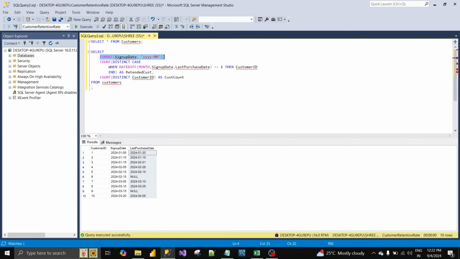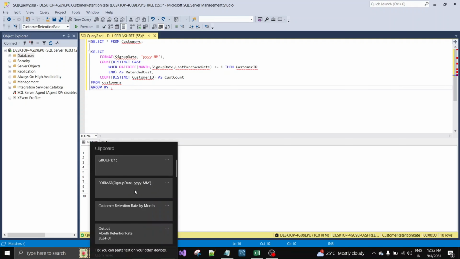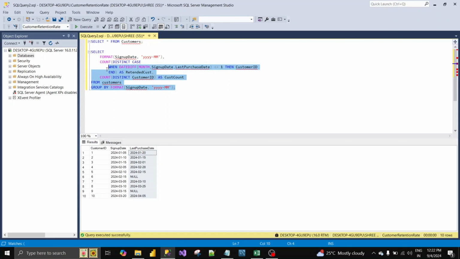So I'm just giving group by on the basis of this. So let's run the query and let's see the output. Okay, so now we have got the output. Here I will name this as month.